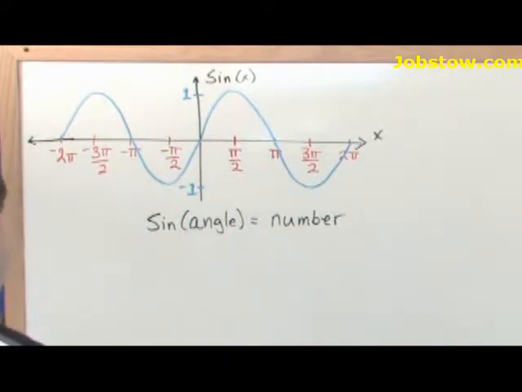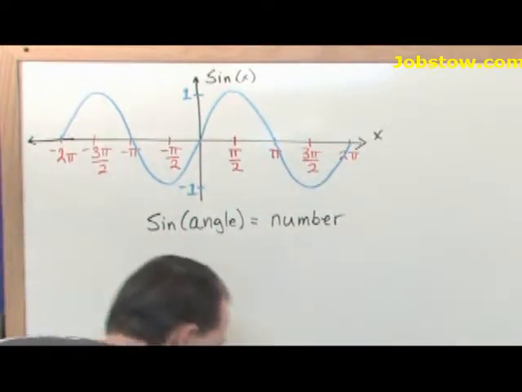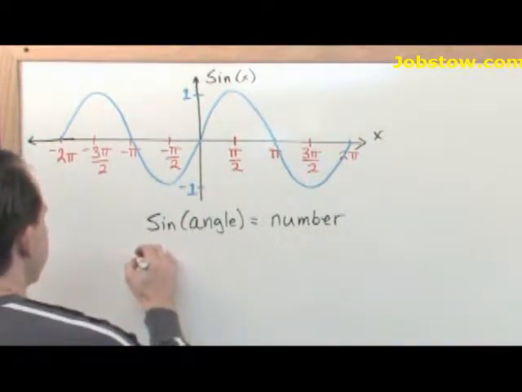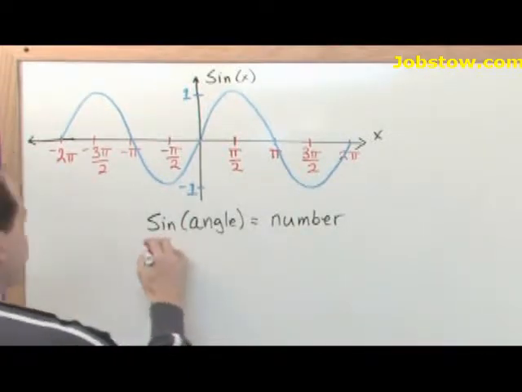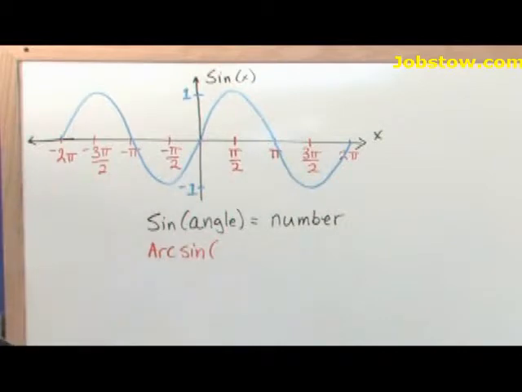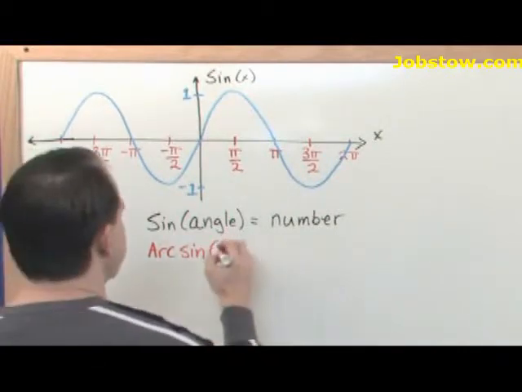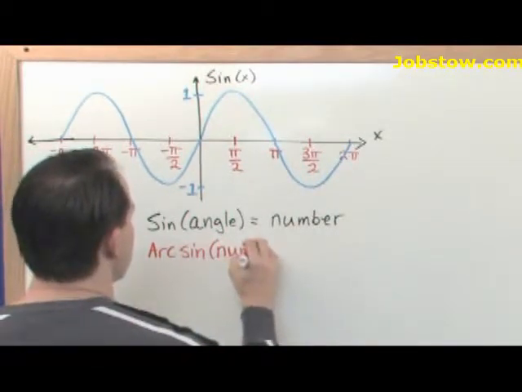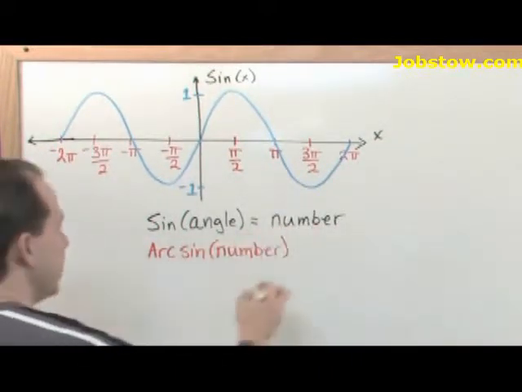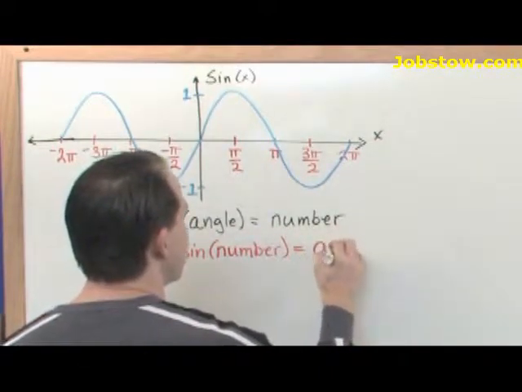So you'll find it's very useful, and something you'll have to learn, to define the inverse sine, or the arc sine. You can define the opposite of the sine function as the arc sine. The arc sine of some number, and I'm drawing an analogy here, is going to equal an angle.